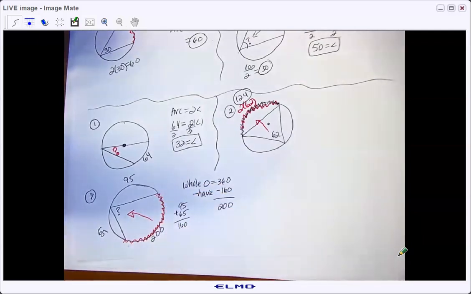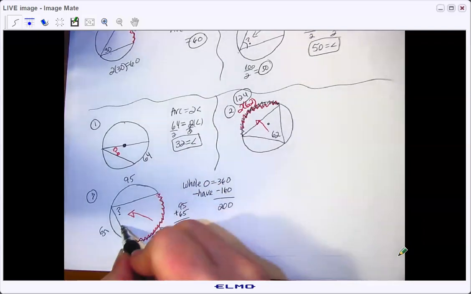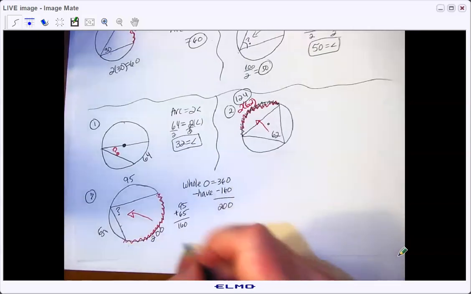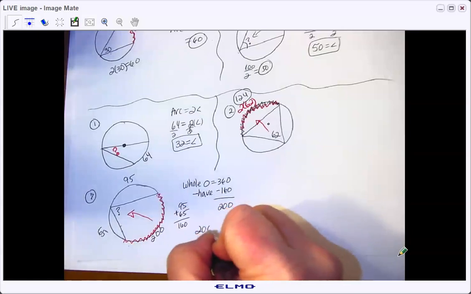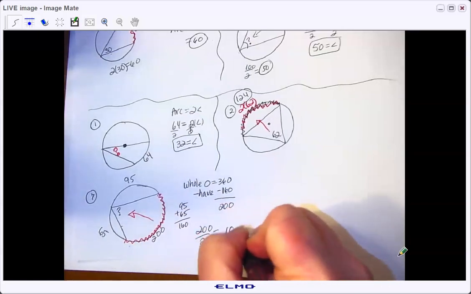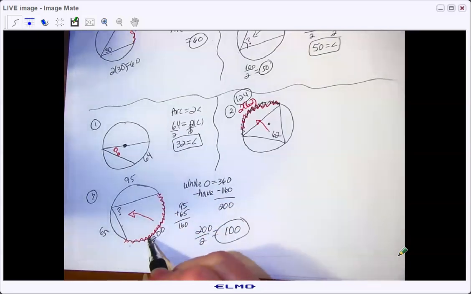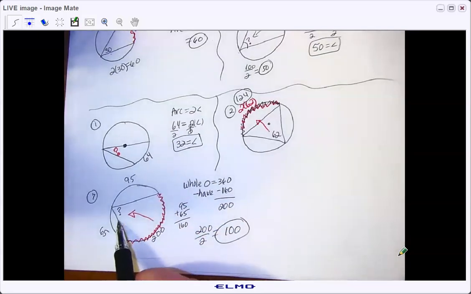Okay. See how what we learned last week was important for this week. And now we can find this angle, because as some of you put in the chat box already, we do 200 divided by 2, and there's our answer. Nice. Okay. But we had to find this arc before we could find that angle.